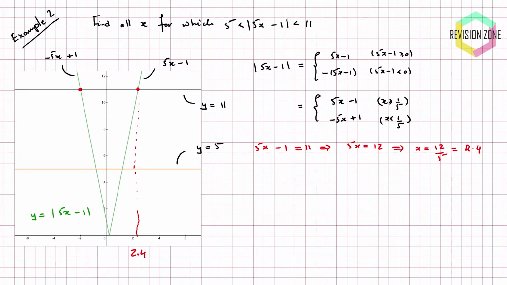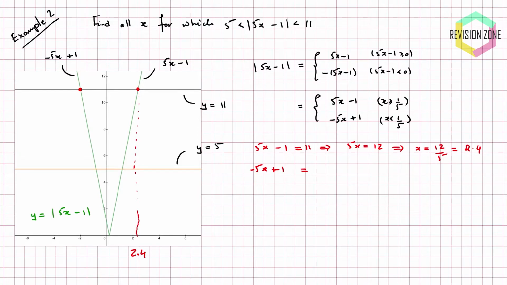So let's see how we're going to solve that. Obviously, we're going to have this negative branch here, which, given that this is the exact same modulus function as last time, is going to have the exact same description as in the previous example. So we know that the negative branch is given by minus 5x plus 1. So let me write that down. And we know we're still solving this branch against the line y equals 11.